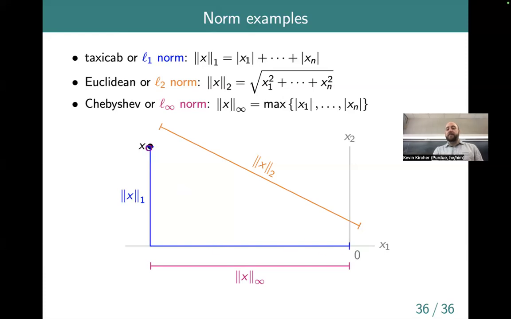If this thing was super far west and only a tiny bit north, then the Chebyshev norm would pretty much agree with the Euclidean norm and the L1 taxicab norm, right? And if you got infinitely far on the west axis, then they would all be exact in that way.